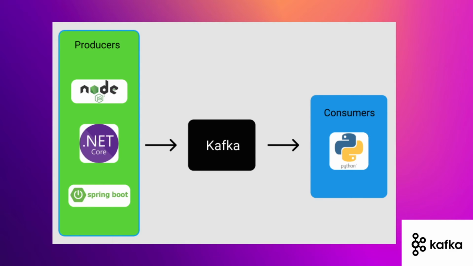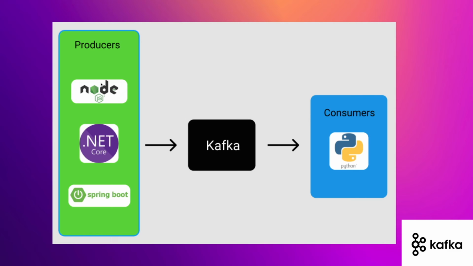So let's go back to talking a little bit more about producers and consumers. Producers can be anything: web applications, or just applications in general, and they can be written in any language.